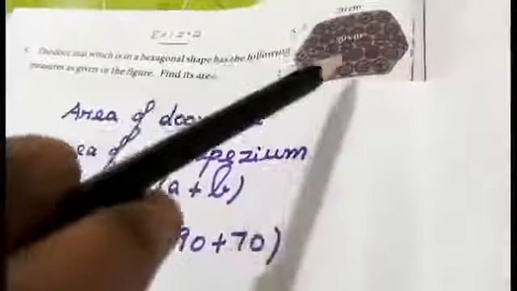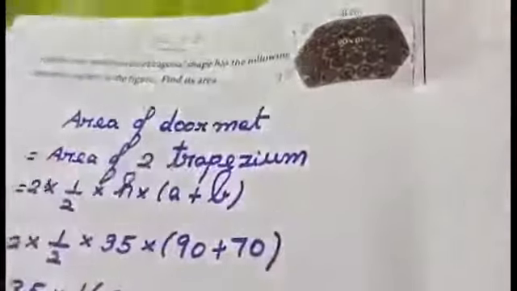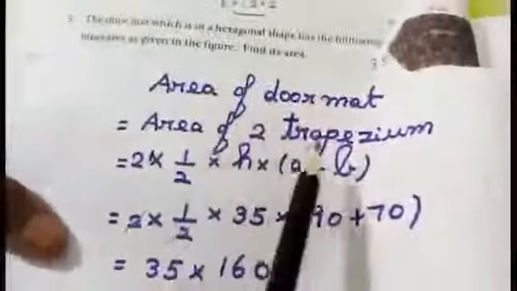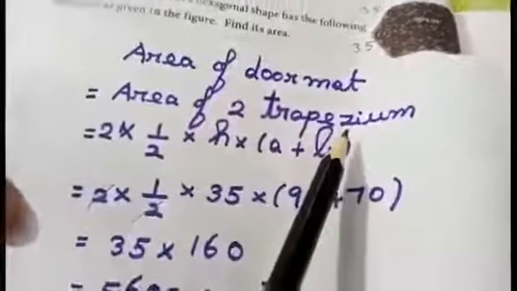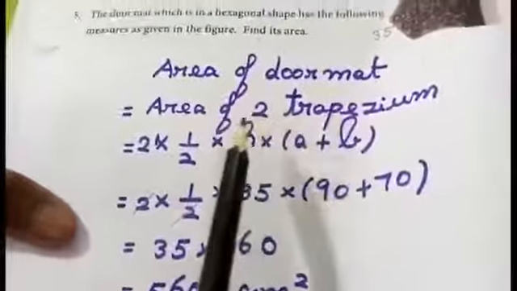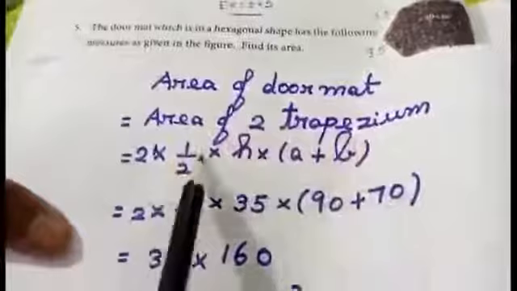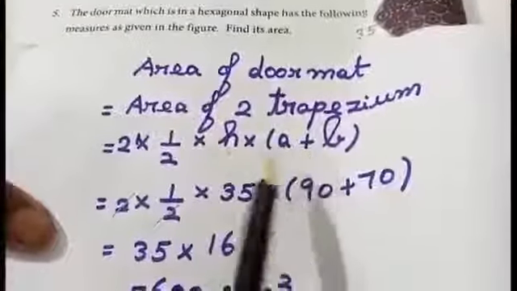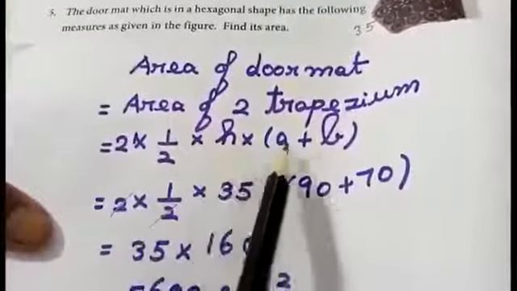So now I am going to find the area of the doormat. Just we can see the calculation. Now see here, area of doormat is equal to area of 2 trapezium. Since I am having 2 shapes as trapezium, I am writing it as 2 trapezium. Actually, what is the formula for trapezium? Half into height into a plus b. A plus b is nothing but the sum of the bases.